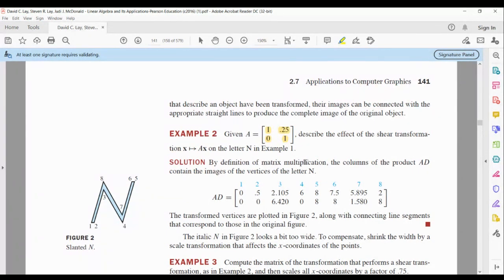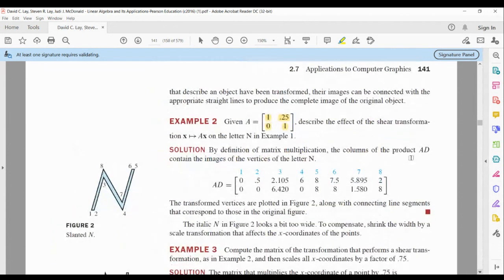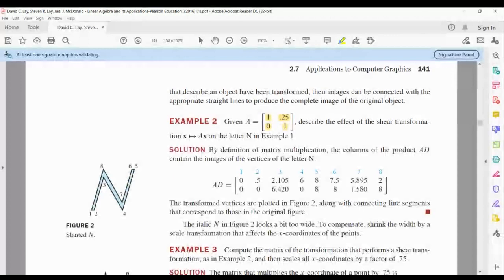Like, for instance, if you were to, and hold on, I got to go back for a minute. Yeah, well, this matrix A in example 2 is, let's see, are you seeing this book? Are you seeing this? Hold on. Let me go out and come back in with the book.